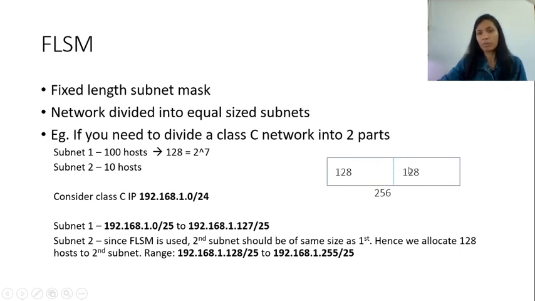That is not possible in case of FLSM. Whatever network address you take, you can only divide it into equal length subnets. And hence FLSM is not widely used, as there would be a lot of wastage of IP addresses, because very rarely would you get a requirement where you need all of the subnets of equal length.